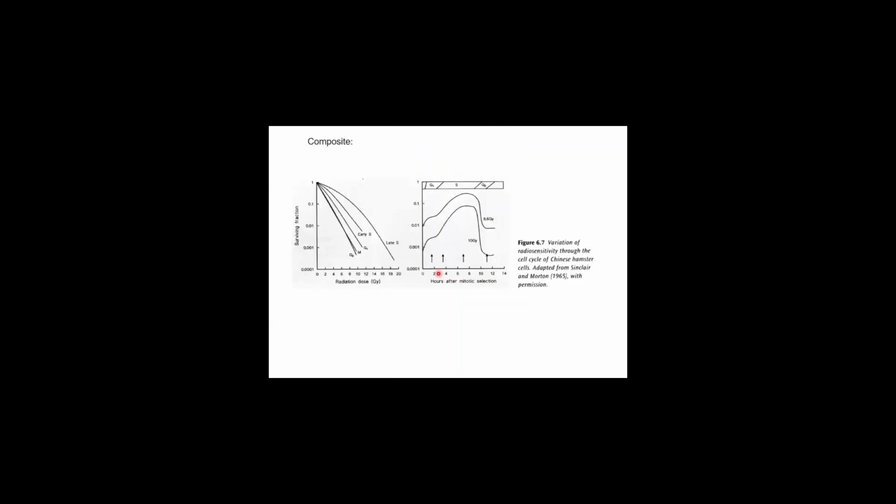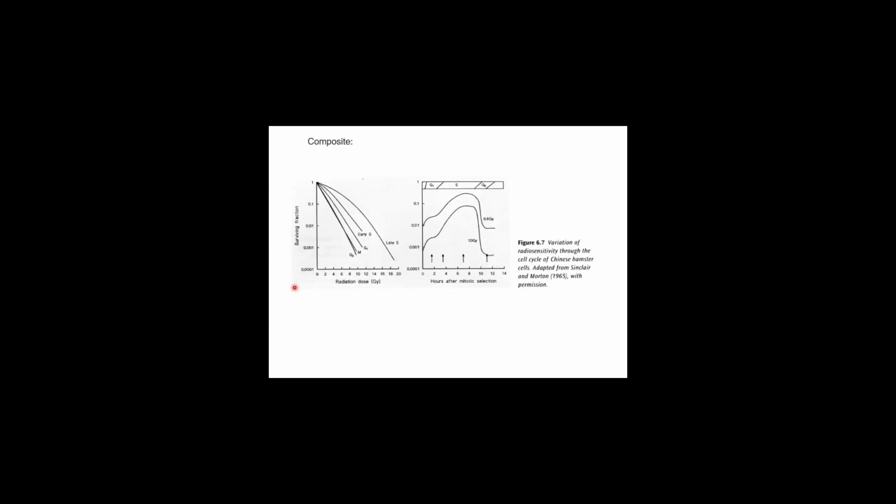Now I want to come back to this question of what is more sensitive, M or G2 phase of the cell cycle. My mouse is not working. And on the left, you can see this diagram. What is hard to see is that at 2 gray, which is the dose that we would give clinically in most examples in a fraction, M is the most sensitive.